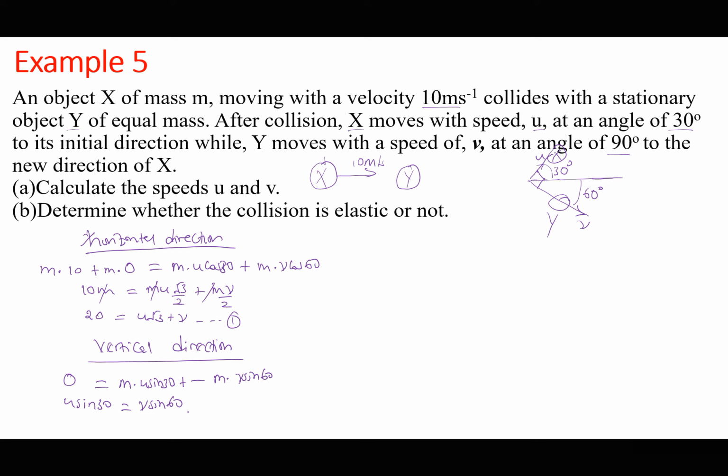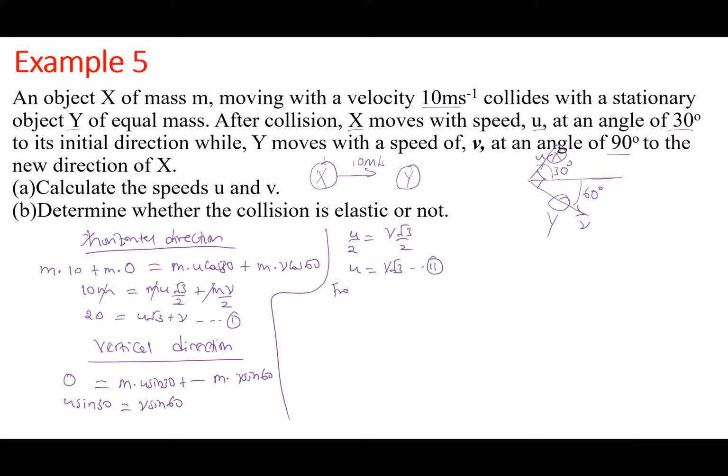I can simplify this again: sine of 30 is a half, so u over 2 equals v root 3 over 2, because I know that sine of 60 is root 3 over 2. I therefore have that u is equal to v root 3. So I can substitute for u.